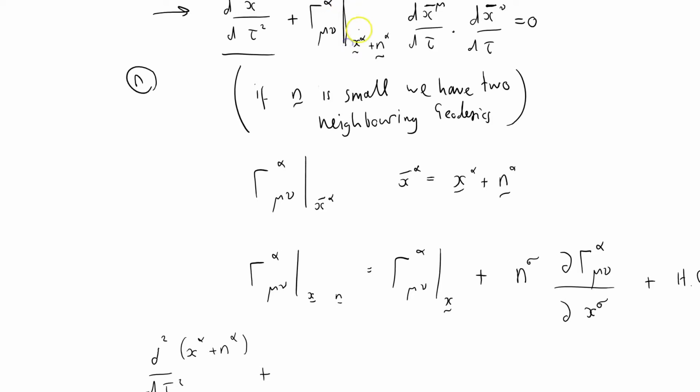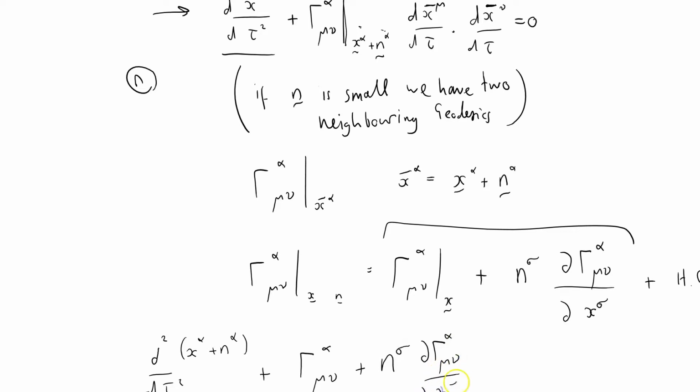I can get rid of the bar just by using this substitution formula and then using the fact that n is small. So that's Gamma alpha mu nu plus n sigma times the derivative of Gamma alpha mu nu by d x sigma, just copying from here.